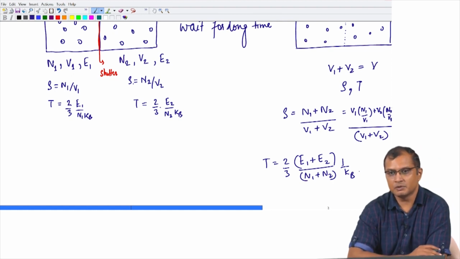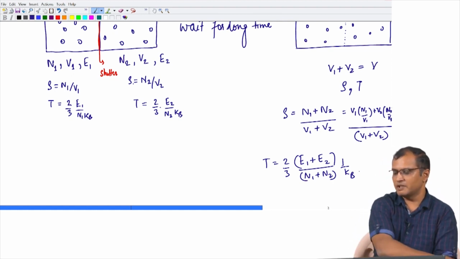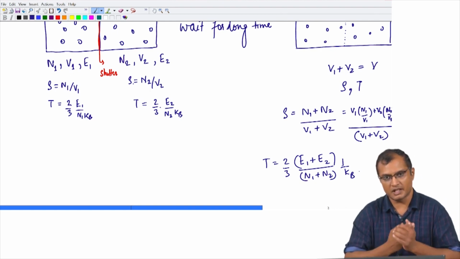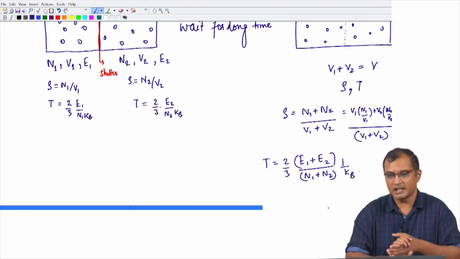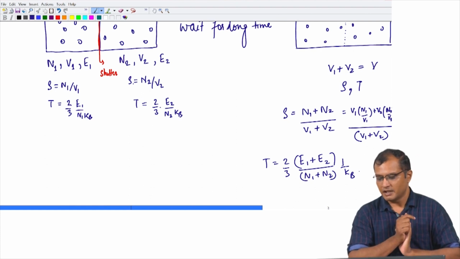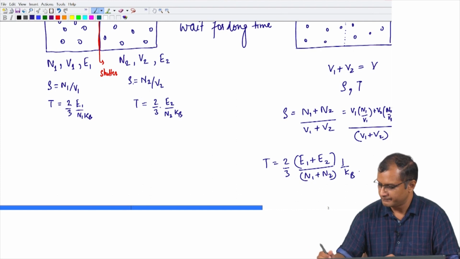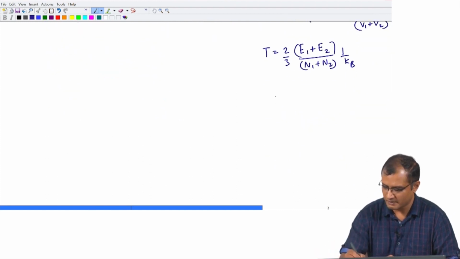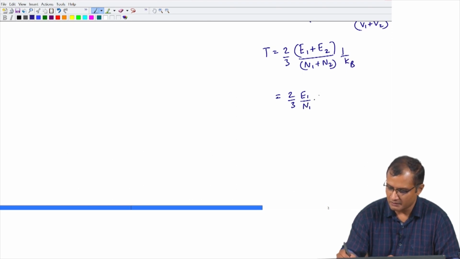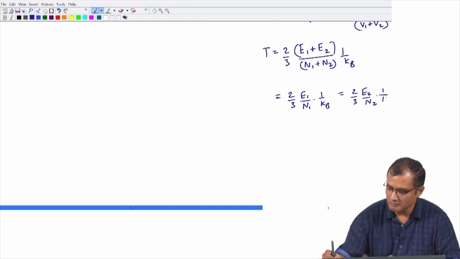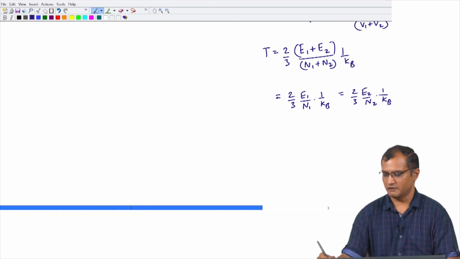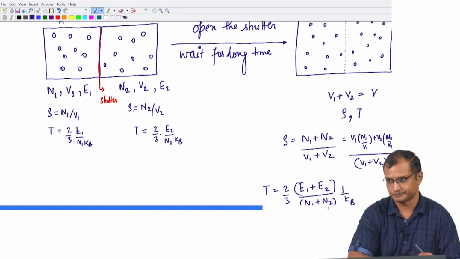And since E1 plus E2, by the same logic as N1 plus N2 divided by V1 plus V2, did not change, similarly E1 plus E2 divided by N1 plus N2 remains as E by N. So the final temperature also is the same. Okay?